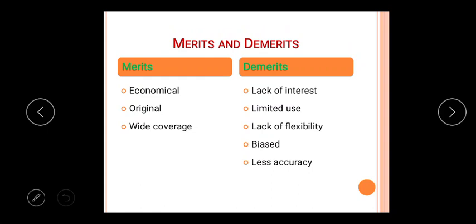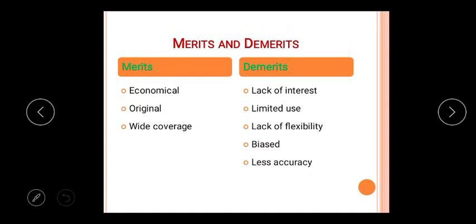Hence, the conclusions based on such investigation have only limited accuracy, or we can say this method is less accurate. Dear students, this method has limited use owing to the fact that the questionnaire can be answered only by the educated informants, which means that this method can be adopted only where the informants are literate people. Thus, this method cannot be used when the informants are illiterate or uneducated.